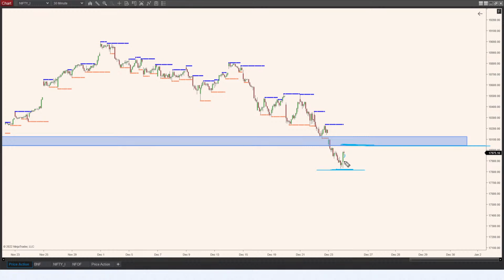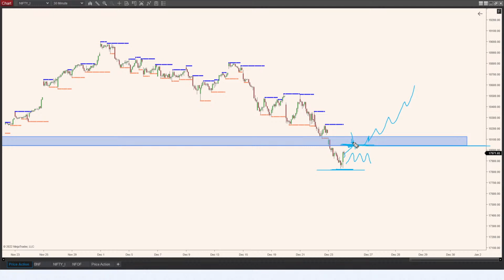So that means either a sideways market, or the break of this particular level can bring further upward momentum in the market, or we can simply look for shorting opportunities when the market again approaches this particular level. 18,030 is where we can look for shorting opportunities, provided by the order flow information that I will explain in a later section of the session.